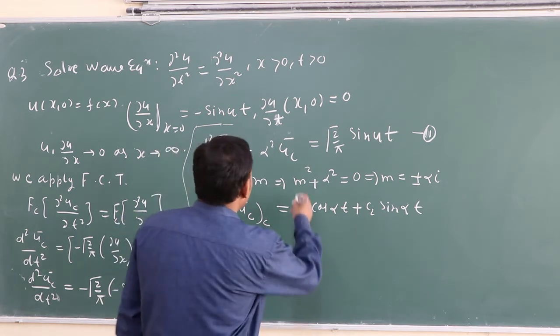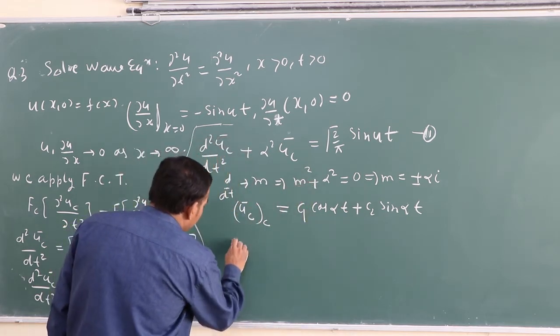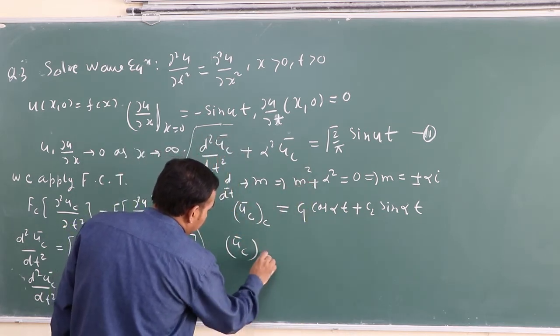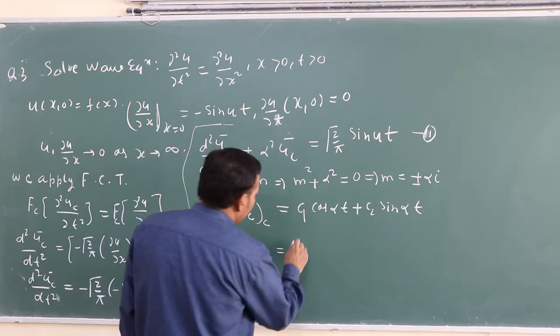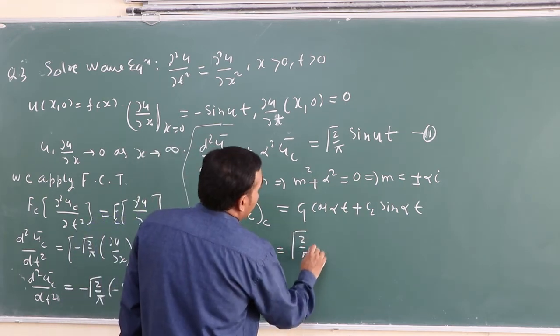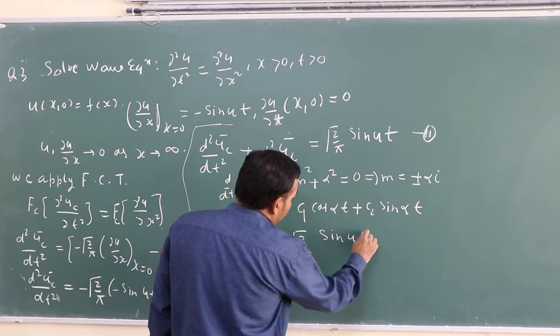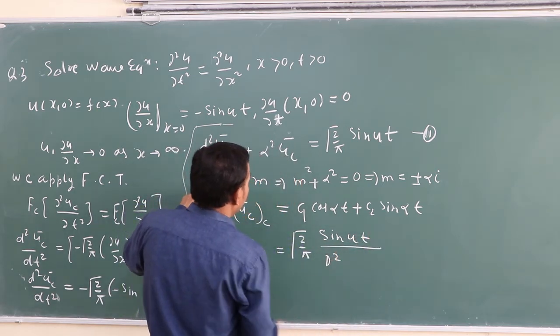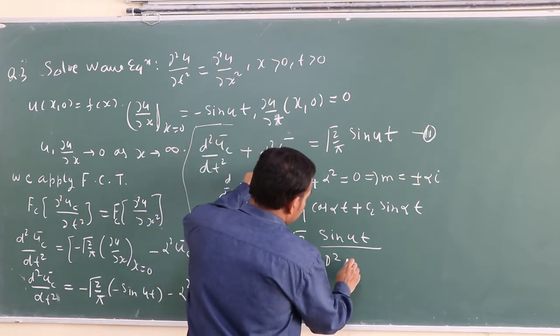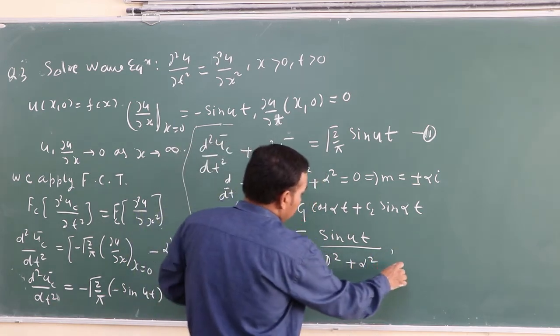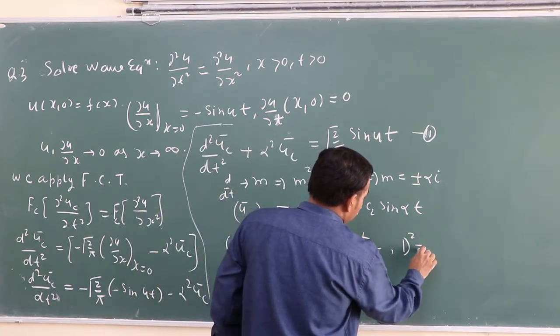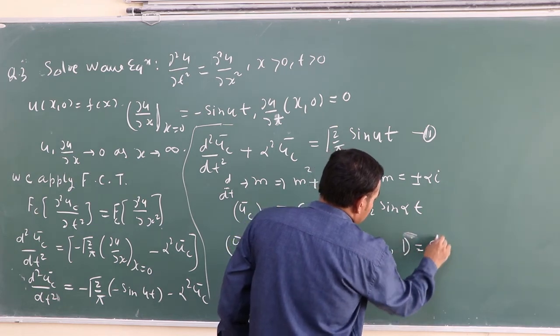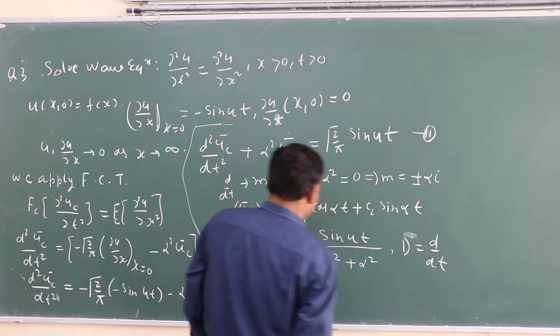Now for the particular integral, u_c bar is under root 2 upon pi sin 4t upon d square plus alpha square, where d means d upon dt.